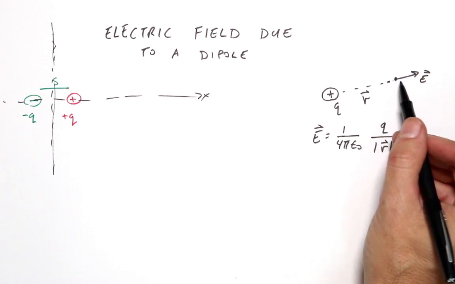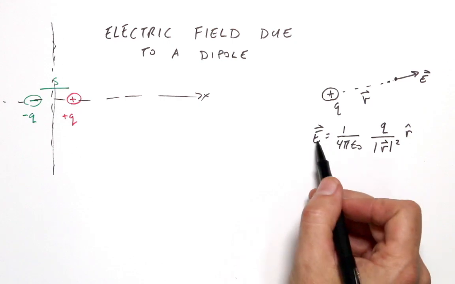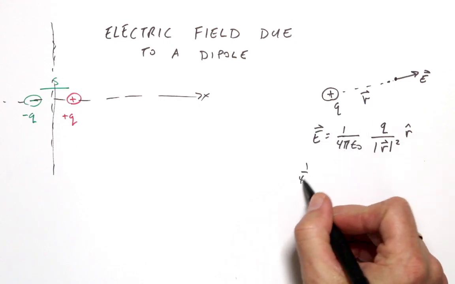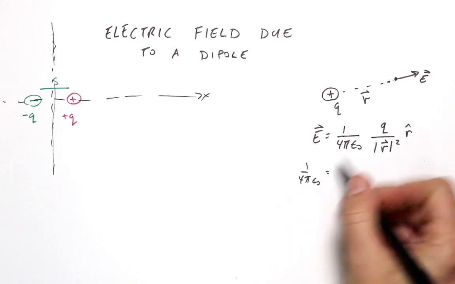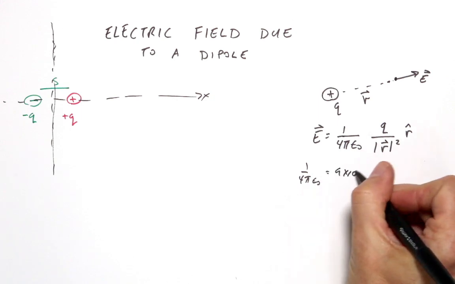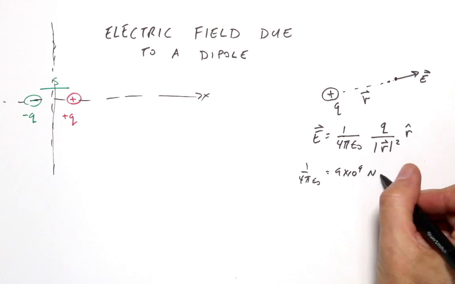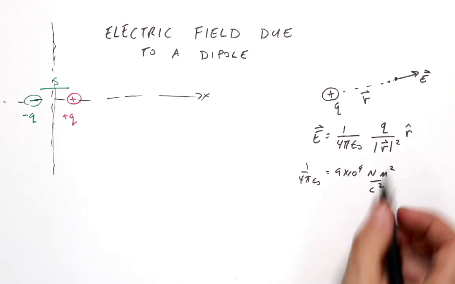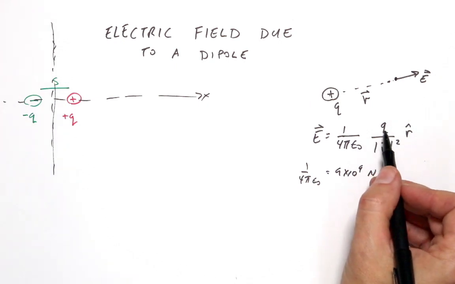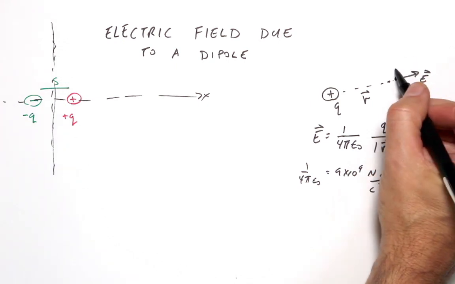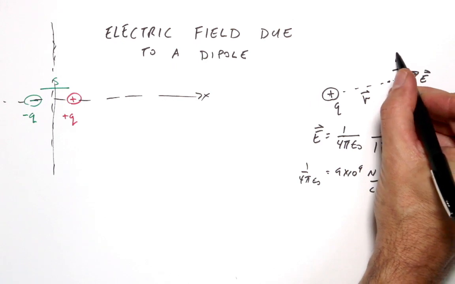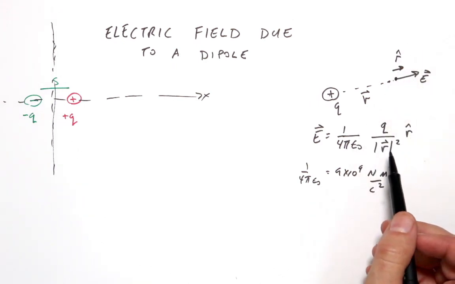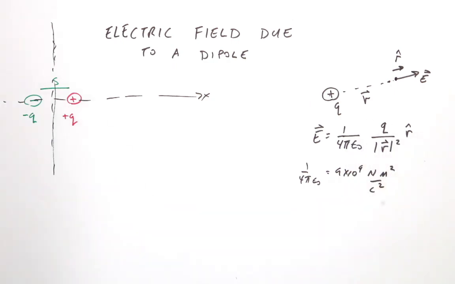The electric field, which is a vector, is equal to 1 over 4 pi epsilon naught, where 1 over 4 pi epsilon naught is equal to 9 times 10 to the 9th newton meters squared per coulomb squared. It's a constant. Q is the value of the charge, r hat is a unit vector pointing in the same direction as r, and r squared is the magnitude of that squared. So that's the electric field due to one charge.